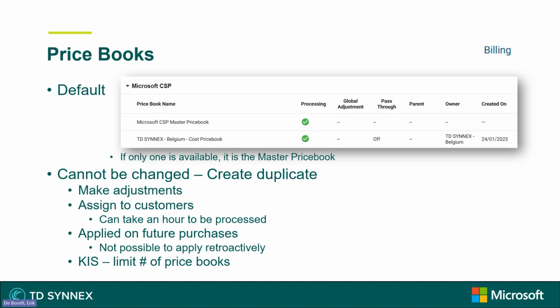The basics cannot be changed. You cannot change the master price book. You cannot change the cost price book, but you can make copies of it and then start working on the copies. You can make adjustments up or down. You can do that on a per license basis eventually, but better is to work with families, obviously. Then assign them to customers.